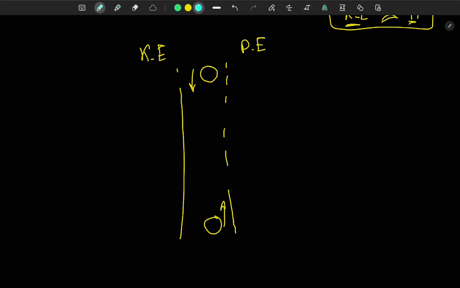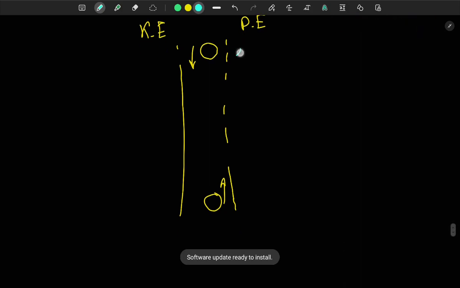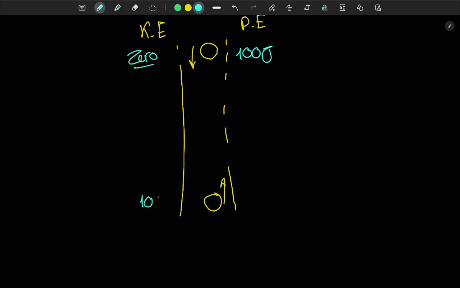At the highest point, if I say that the potential energy equals 100 joules, this is maximum energy, so the kinetic energy equals 0. When it goes down, the potential energy begins to decrease and the kinetic energy begins to increase until we barely reach the ground, so the kinetic energy here is 100 joule maximum and the potential energy is 0.